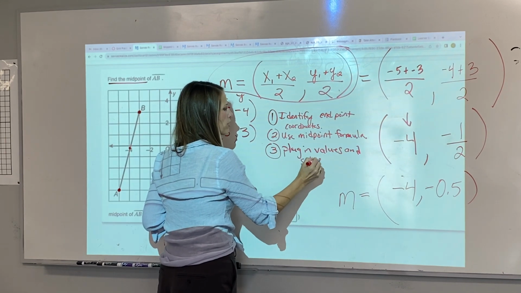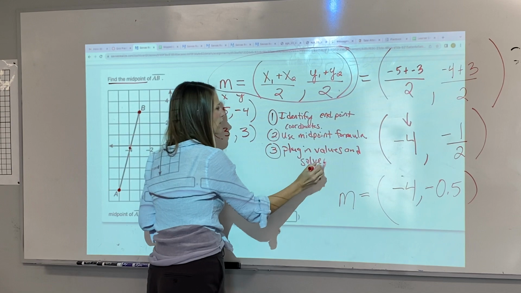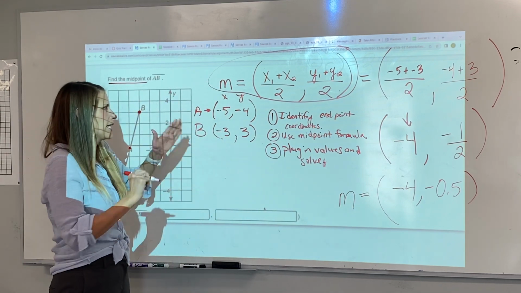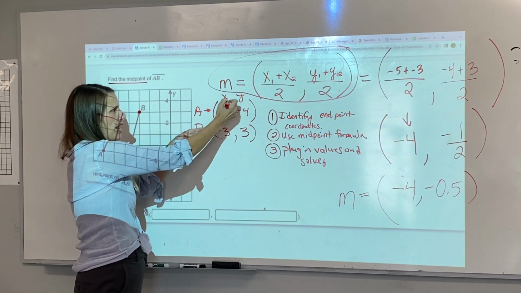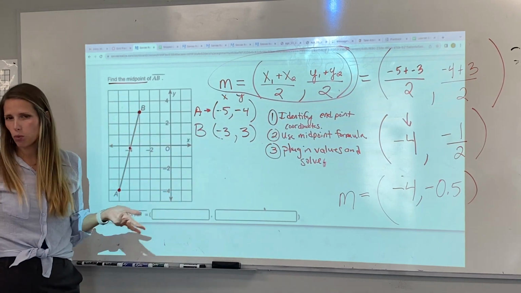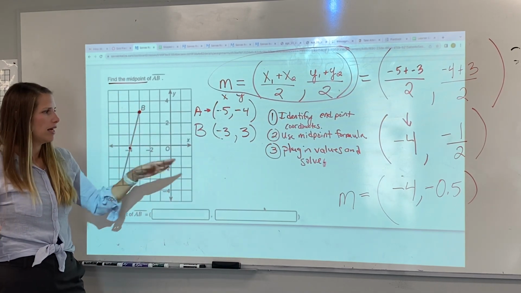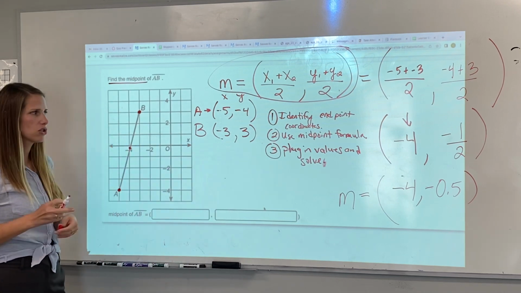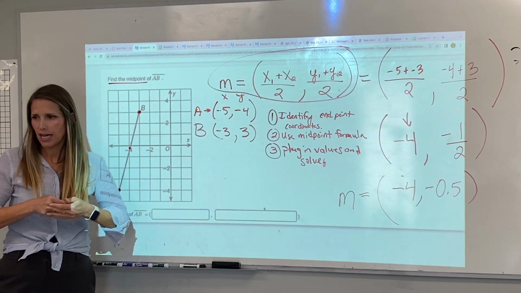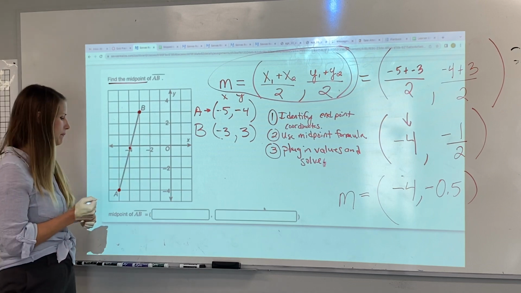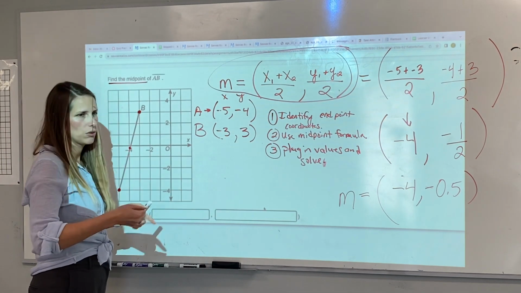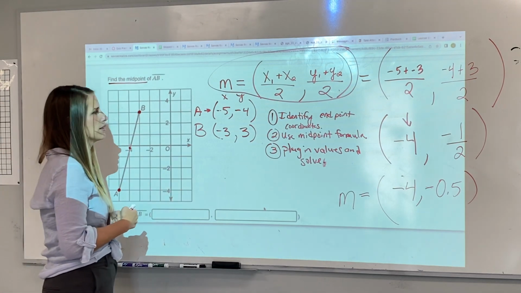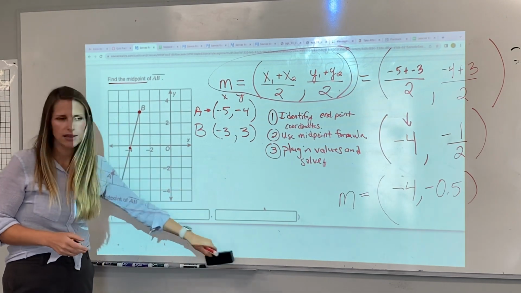If you want to write extra notes to yourself, like write your coordinate points on top of each other with an X and Y column, that's totally fine. You can write as many notes to yourself as you want. You just can't use notes that have the exact same numbers as this. Does that make sense? All right, let's move on.